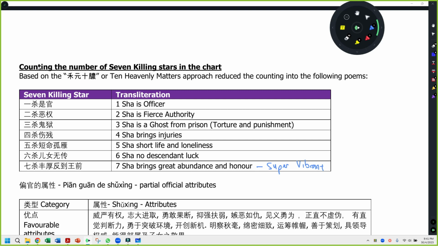And as usual, 1 is usually enough. Ideally, we just want 1 of everything. If you see 1 of everything, that is nice. It's beautiful. But then 1 is enough. Usually that is. So if you see 1 7 Killing, then this is Officer.